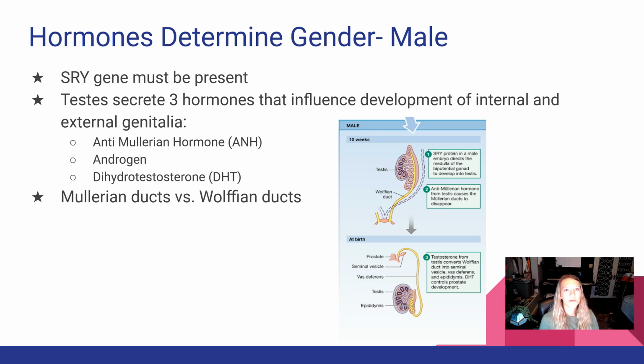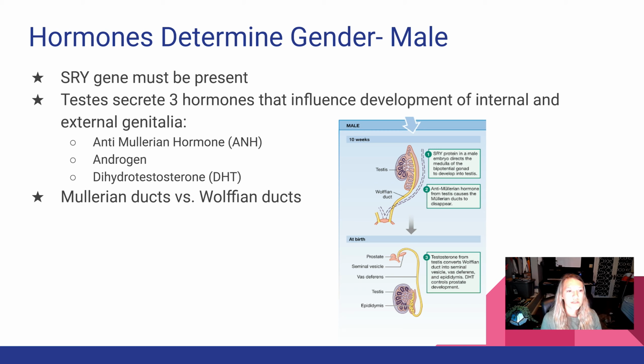Next, we're going to talk about hormones and their determination of gender in the male. So as we talked about before, the SRY gene must be present in males, and the testes secretes 3 different hormones that influence development of internal and external genitalia.